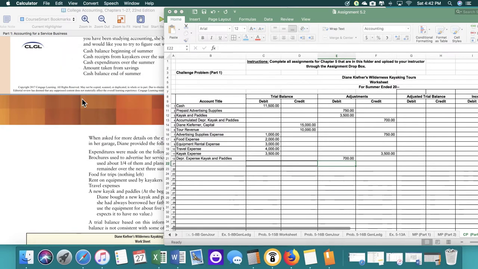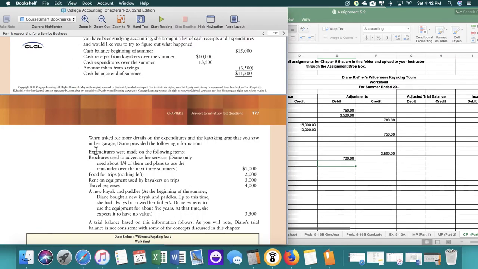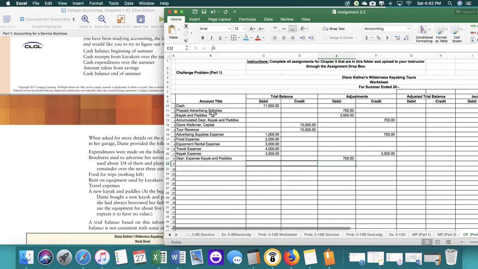See if there's anything else that we have missed. So we have brochures, food and trips. There is nothing left of the food expense. So that is going to be adjusted for $2,000. That way we can get a zero balance.